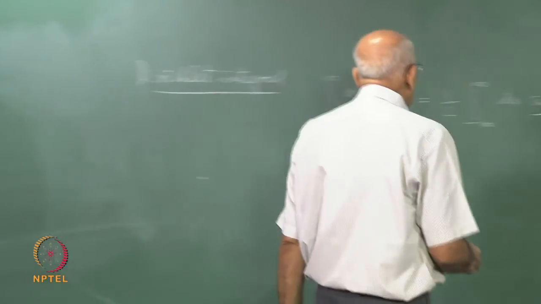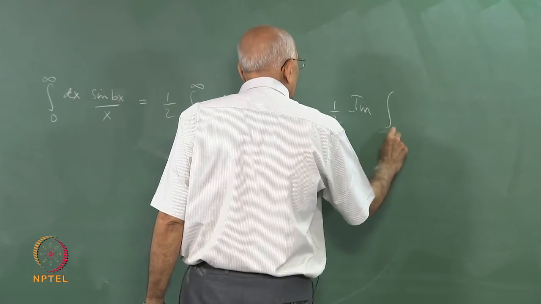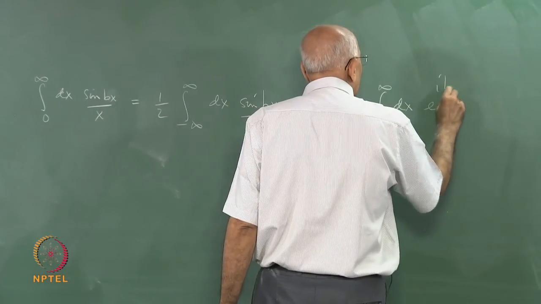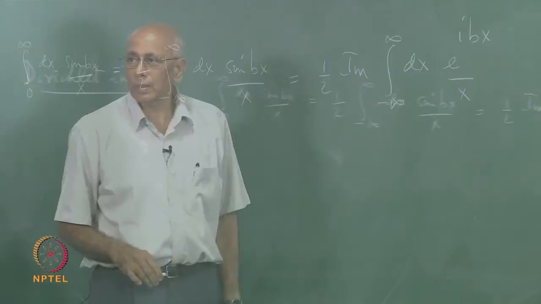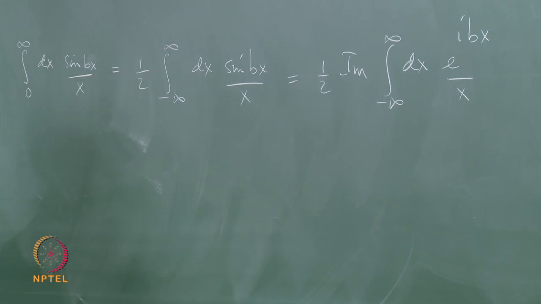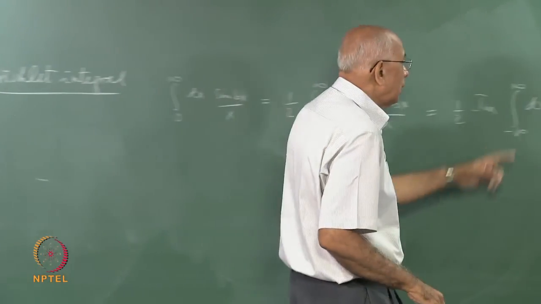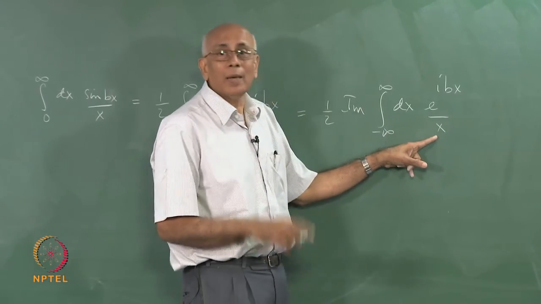Instead what I do is to say this is equal to half the imaginary part of the integral from minus infinity to infinity dx e to the ibx over x. But you have to be a little careful here. By writing this I have actually got into trouble, because at x equal to 0 I am in trouble.